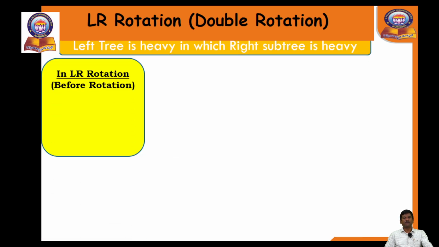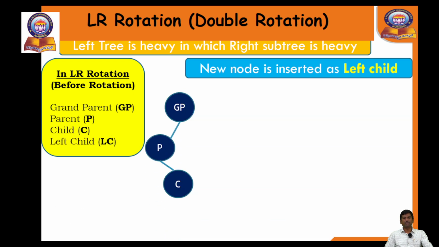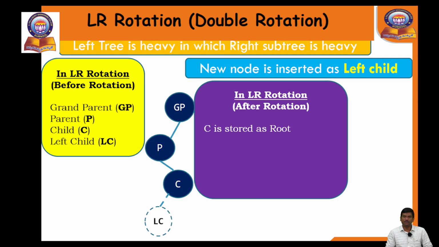So here when you consider your LR rotations, that is, as I mentioned, grandparent and similarly parent as well as the child, and to this child the left child may be present. And after rotation, in the LR rotation, C becomes the root, the same thing that I have explained in the previous slide.